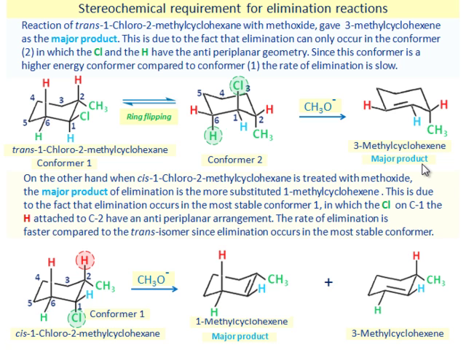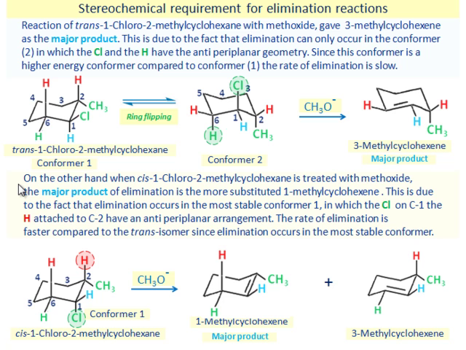This is due to the fact that elimination can occur only in the conformer 2, in which the chlorine and the hydrogen have the anti-periplanar geometry. Since this conformer is a higher energy conformer compared to conformer 1, the rate of elimination is slow.